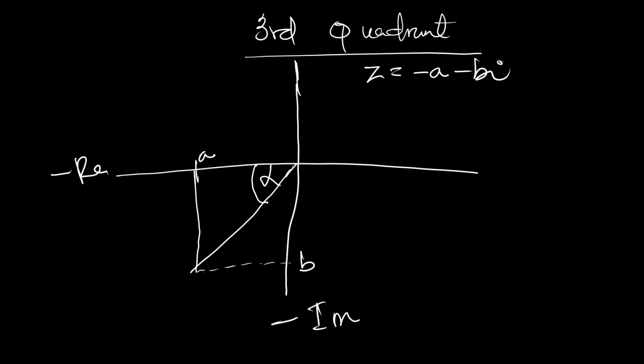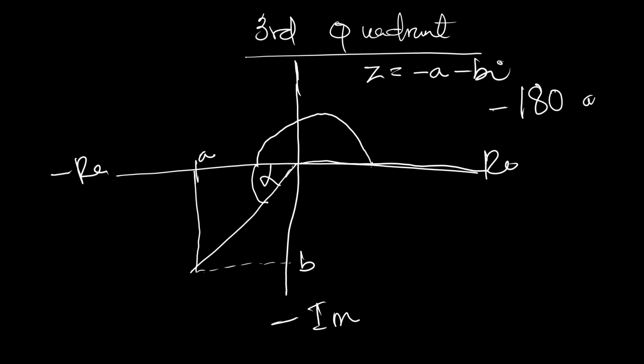The principal value of the argument is the angle between the positive real axis, this axis, and the modulus. So if we go in this direction, here is 90 plus another 90, making 180 plus alpha.